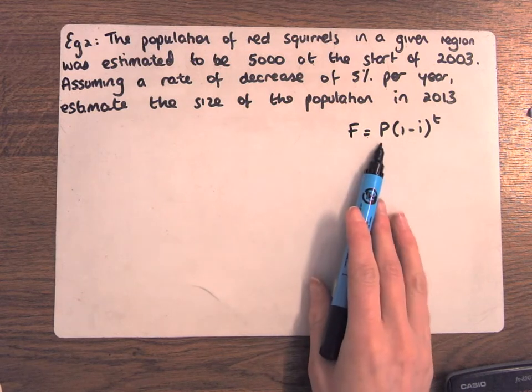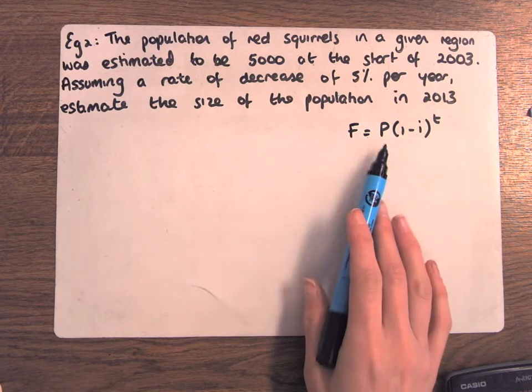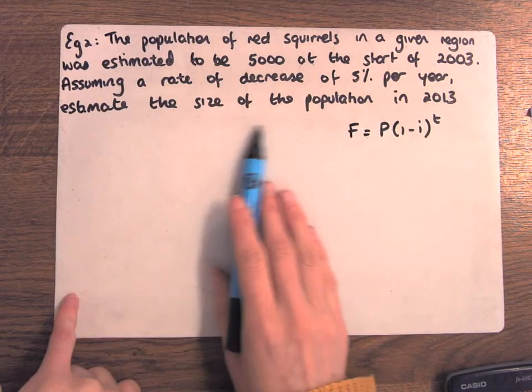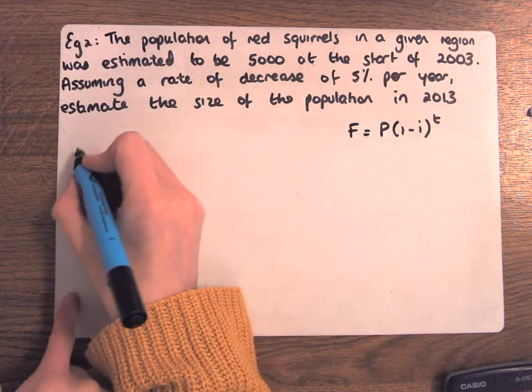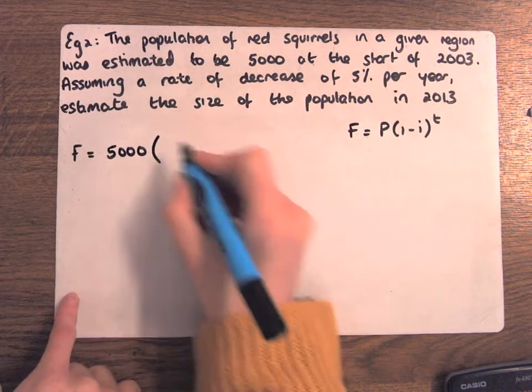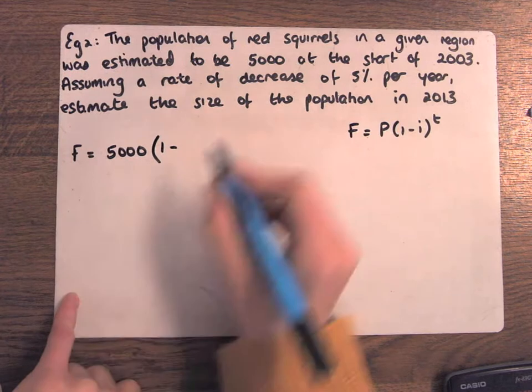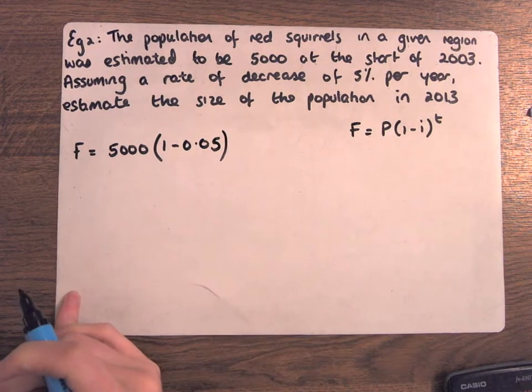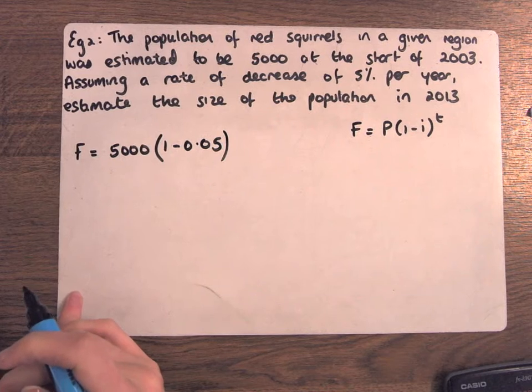What was the original? 5,000. Okay, we're looking, assuming a rate of decrease, estimate the size of the population. We're looking for F. One minus, so 5% to the power of how many years? 10.